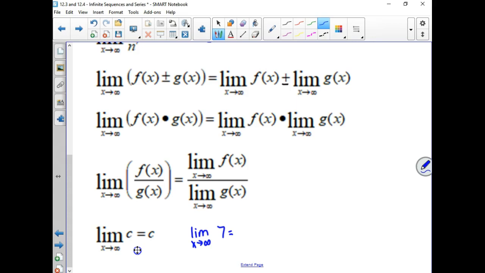So the limit as x approaches infinity of 7 is 7. The only way it could be anything besides 7 is if you had an x involved, like 7 over x or 7x or 7x squared. But if it's just a number, the limit is that number. So if I had the limit as n approaches infinity of 5, what would that limit be? 5.